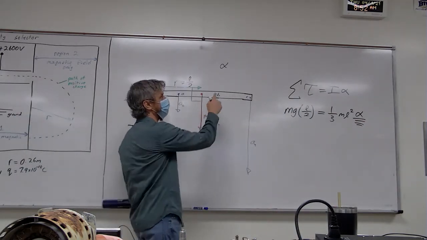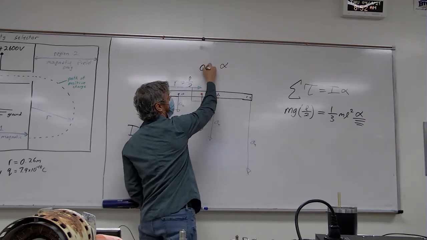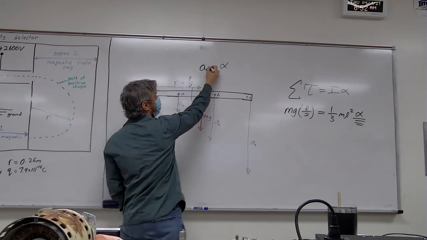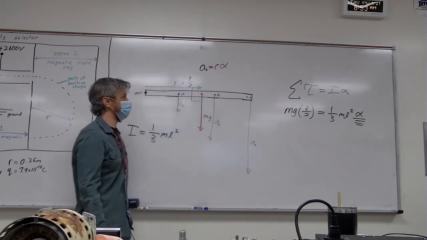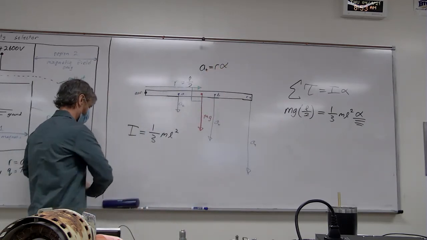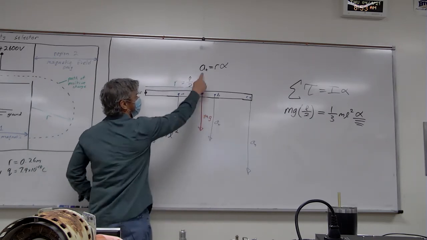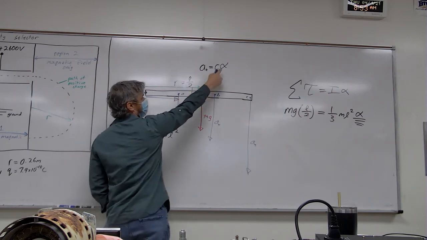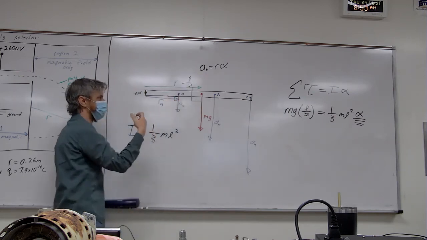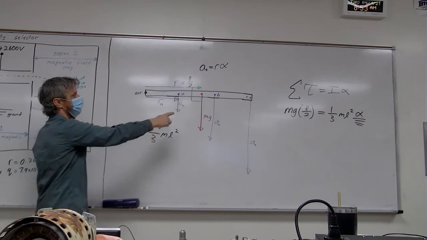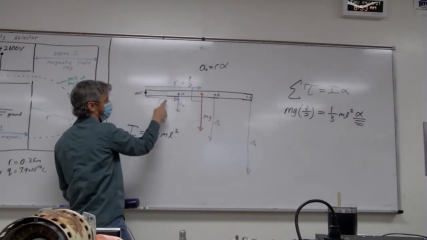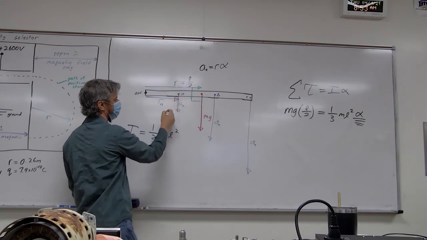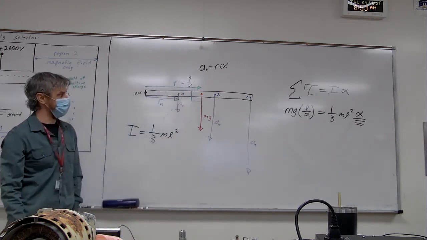And then once we have that, we can relate the tangential acceleration at different points on the rod to it using that equation. If I want to know the tangential acceleration at point A, I find the angular acceleration, which is the same for all three points, and multiply it by the distance from the axis of rotation to point A. Obviously it's going to be making a circle, but initially it's going to have that tangential acceleration.